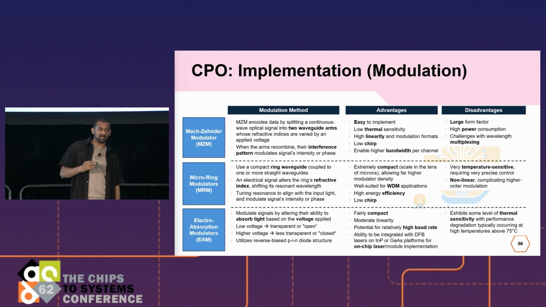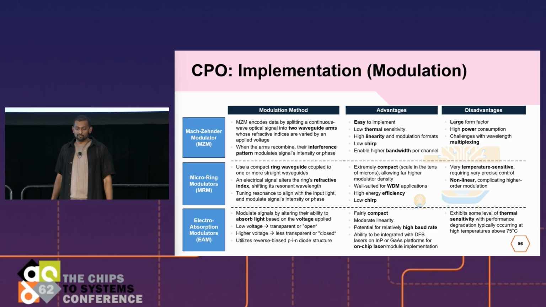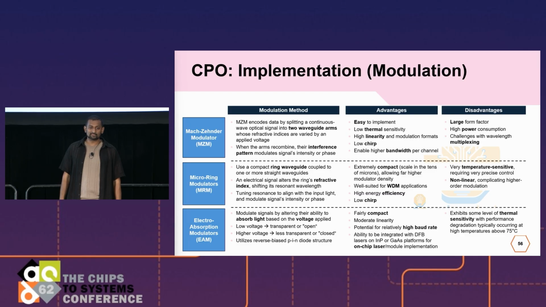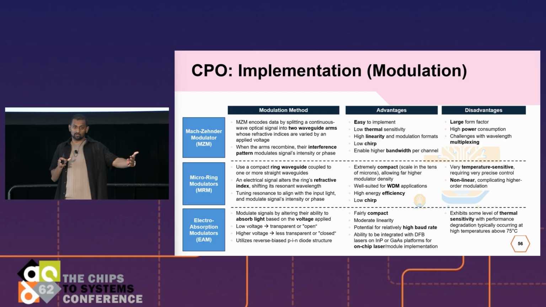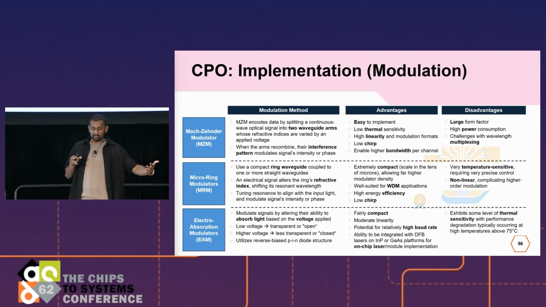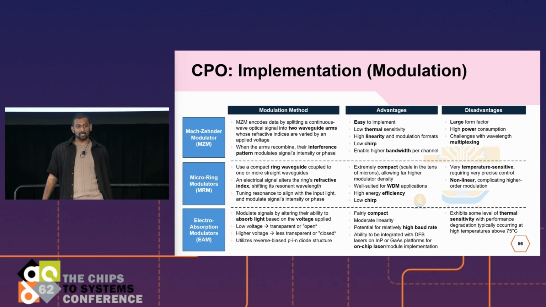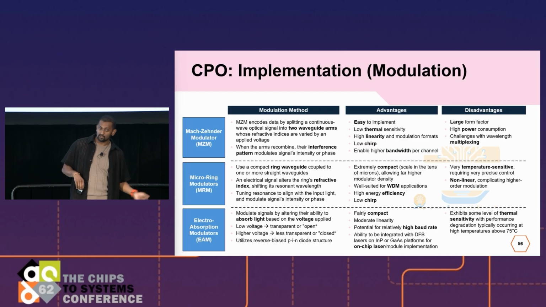There's a lot of challenges with regards to modulation as well, right? So the industry standard is Mach-Zehnder. They've been used for decades. Every optical transceiver uses Mach-Zehnder, but the Mach-Zehnders are really, really large, and they have really high power consumption. And so everyone's trying to turn to micro rings or electroabsorption modulators, which is completely different.